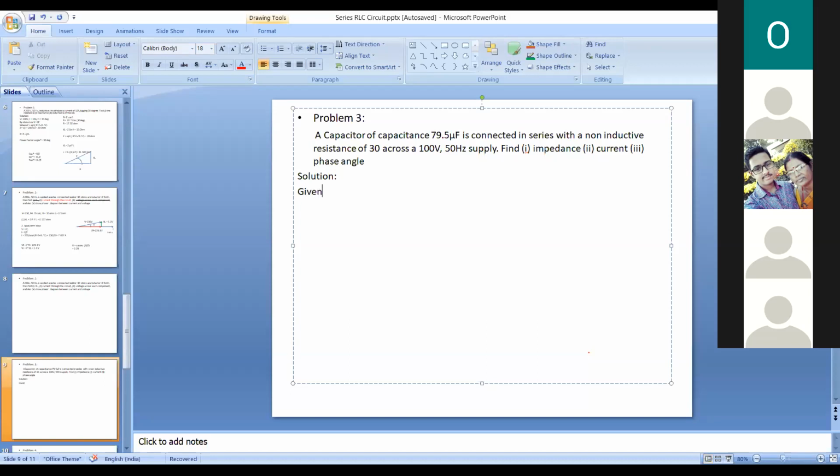So given a capacitance value and a non-inductive resistance value, and the supply voltage 100 volts and the frequency of supply.